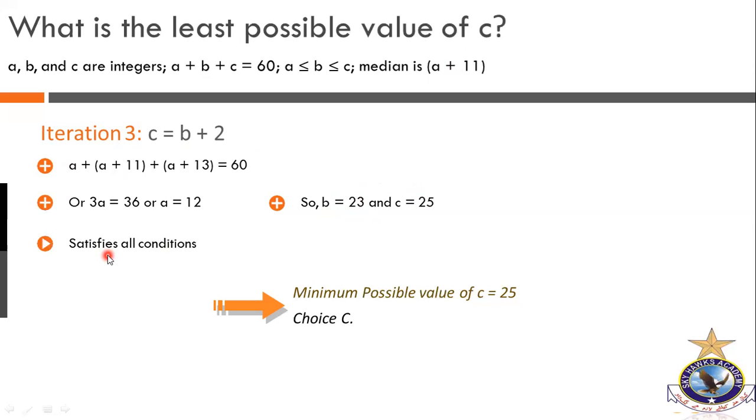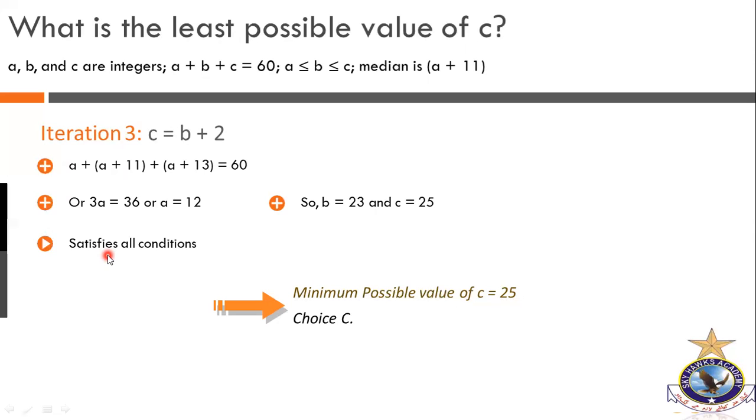Because it's an integer, it's positive, it's greater than B, it meets all the requirements that we need. Absolutely right. It's also greater than A. So B lies between C and A. B is also the median.